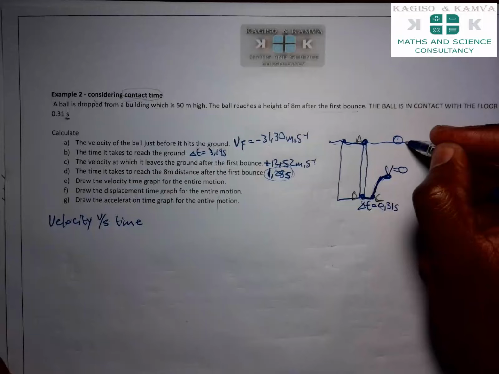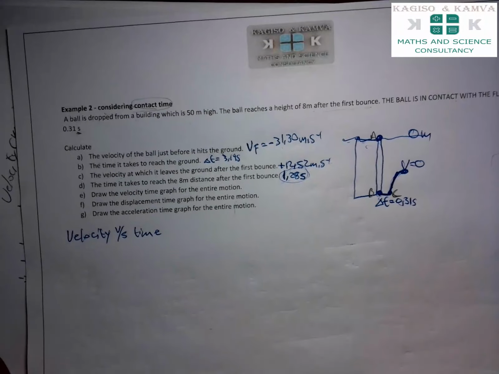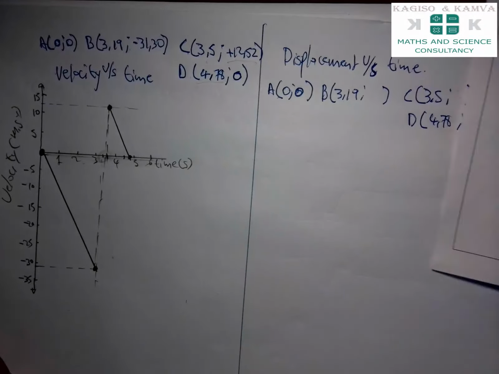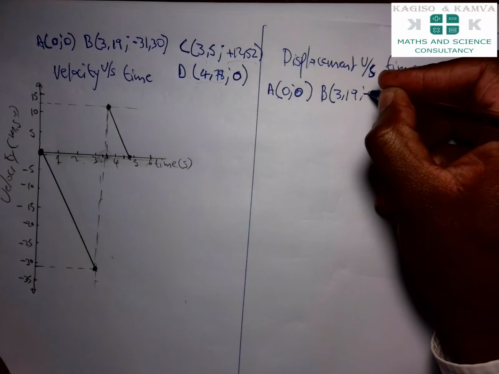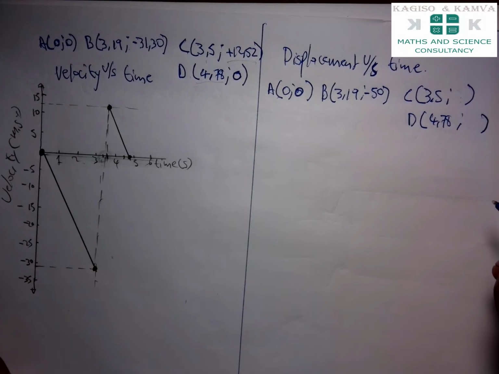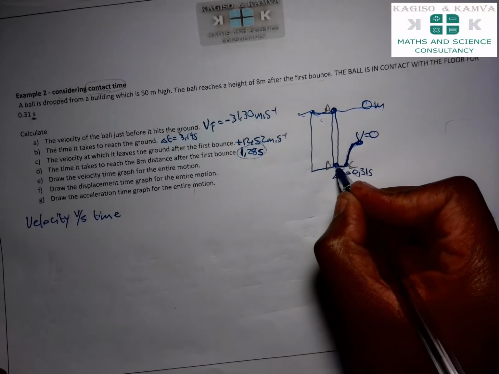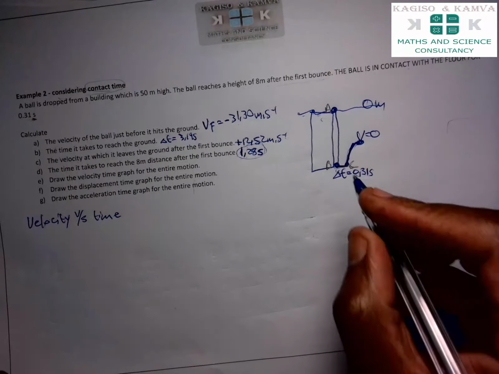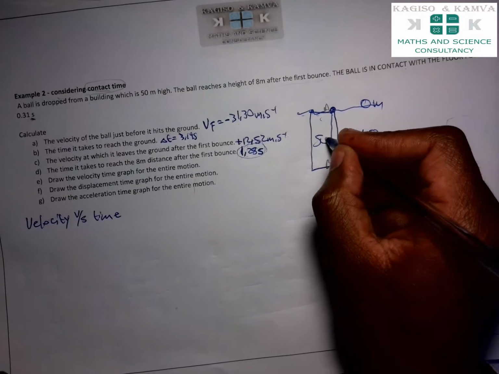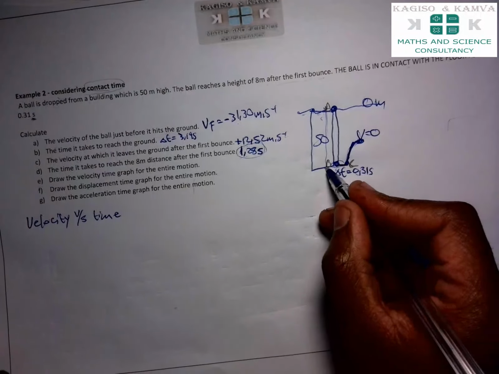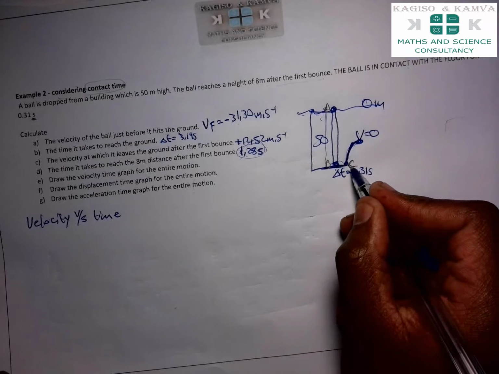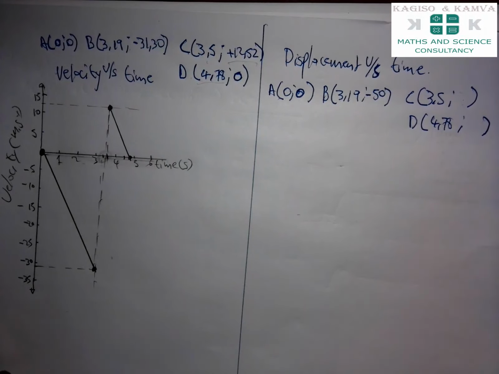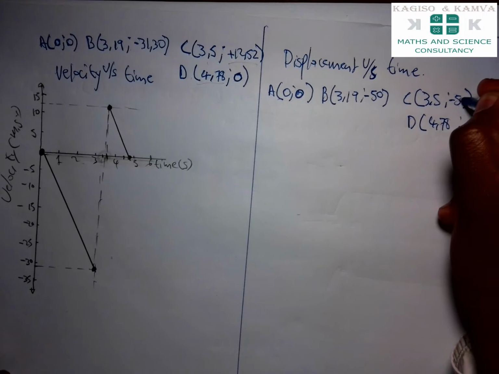Taking this as our 0 reference, the displacement is 0. At B, the displacement is negative 50. So at the time when the ball is still in contact with the floor, it is still there at the bottom, on the floor. At C, it is still at negative 50.